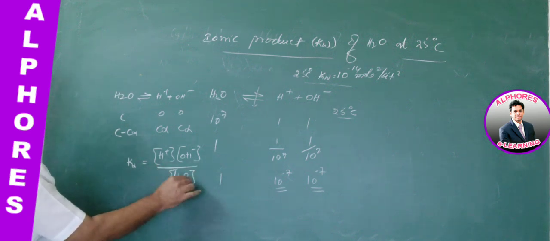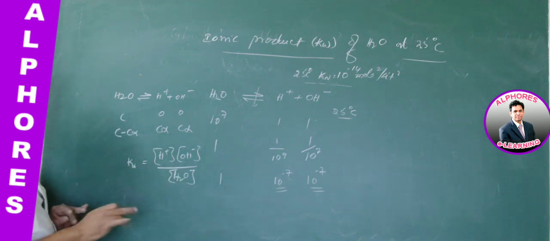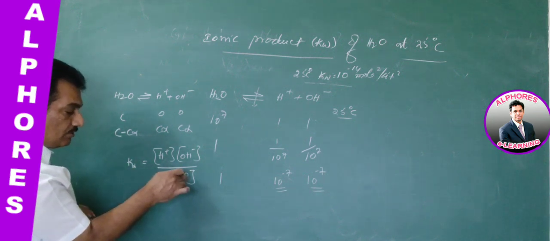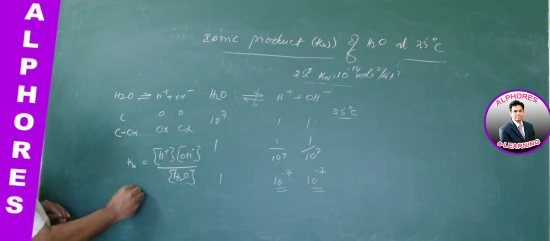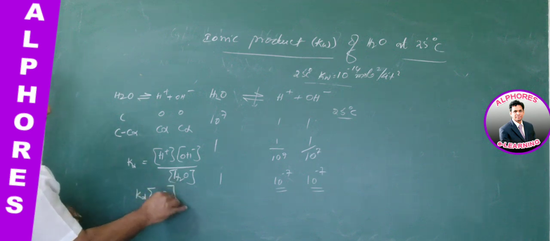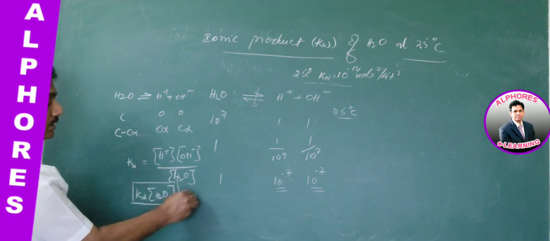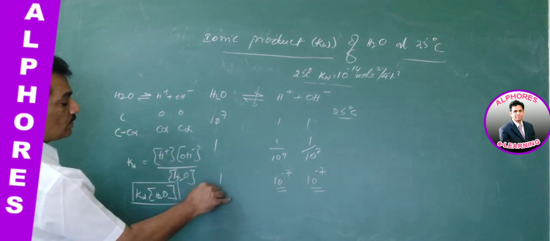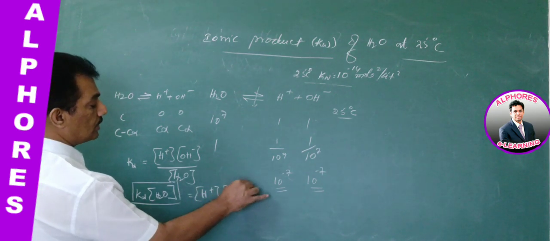But H2O is present in its own, as solvent and solute, so its concentration is fixed. Thereby, when we bring this constant concentration to this side, K dissociation constant into H2O is a new constant. That new constant is equal to the product of the H plus concentration and the OH minus ion concentration.